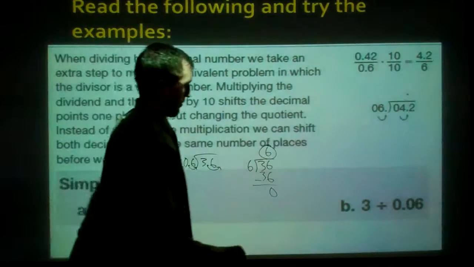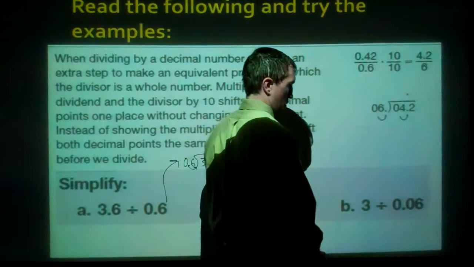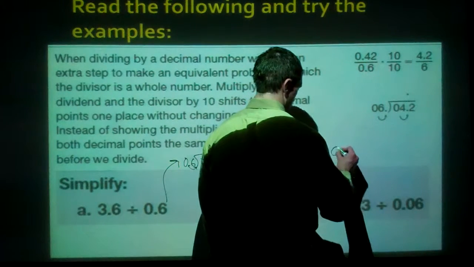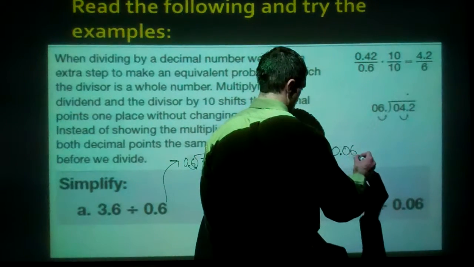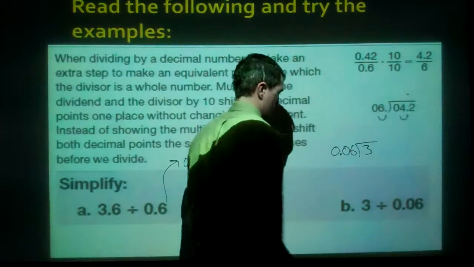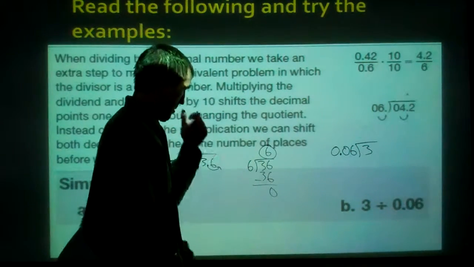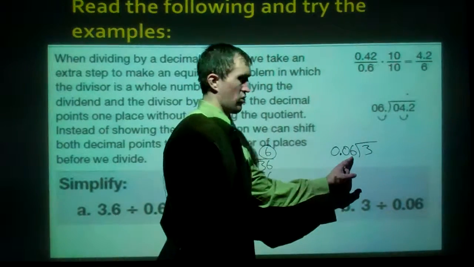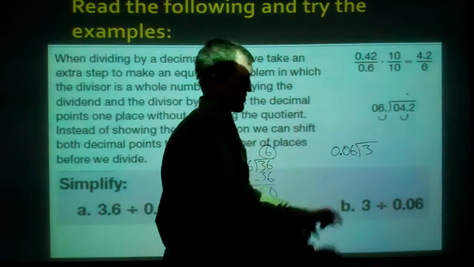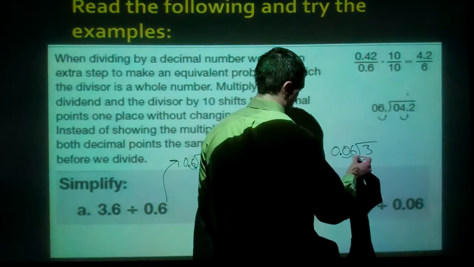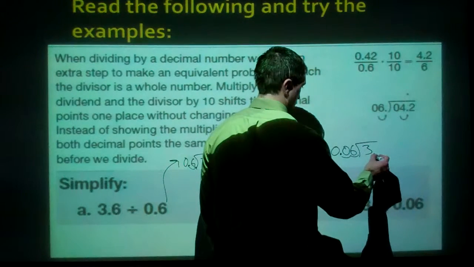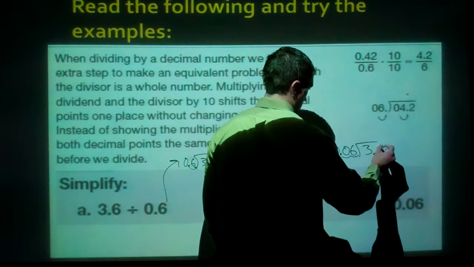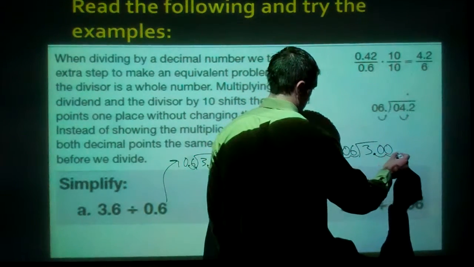Now for B, we have 3 divided by 0.06. Alright, we need this to be a whole number. Now we're going to have to move it 2 spots over. 1, 2, and our decimal is right here. 1, 2.